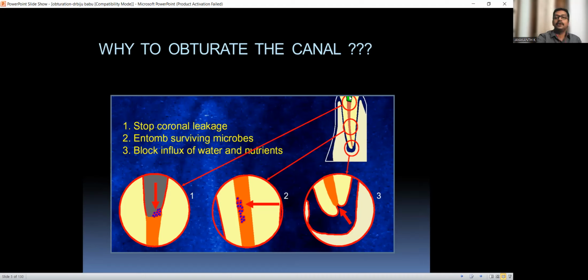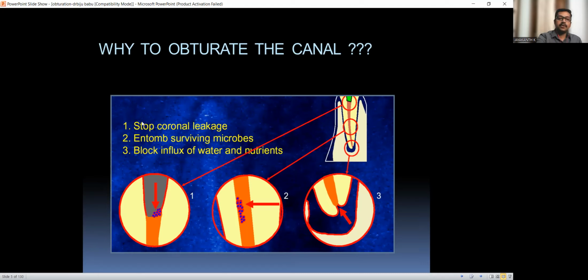Our primary goal for root canal treatment is to make the root canal space completely devoid of any infectious organisms and microbes, and to fill this canal so that it does not provide an entry for further microbes or pathogens to cause an infection. So these are the reasons for doing the obturation procedure.